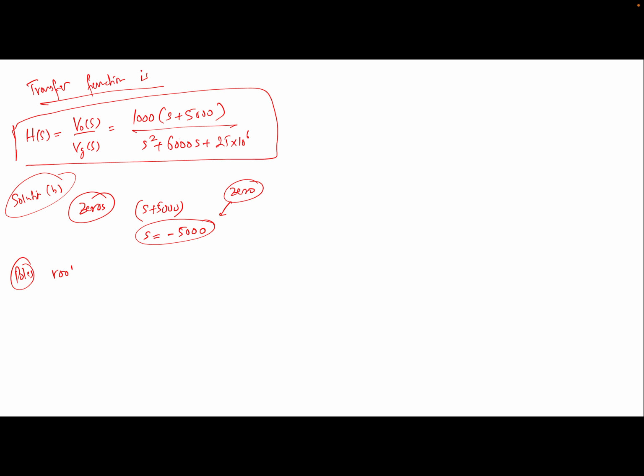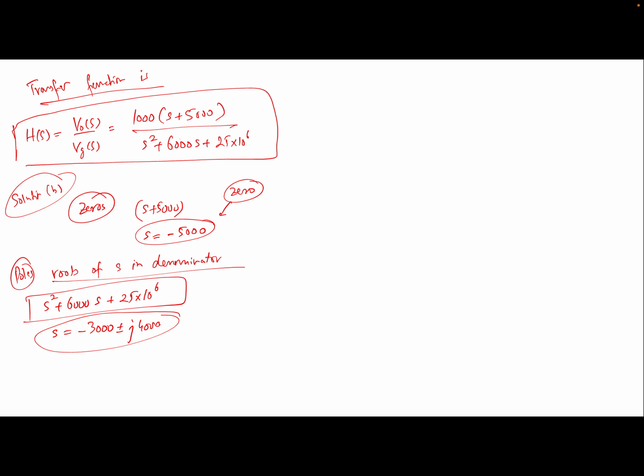Poles are the roots of the denominator, and again, you have a quadratic expression, S squared plus 6000 S plus 25 times 10 to the 6. Find the roots of this. The roots are going to come out to be minus 3000 plus or minus j 4000. So you got two poles, pole 1 and pole 2. The first pole is at minus 3000 plus j 4000. The second one is at minus 3000 minus j 4000.